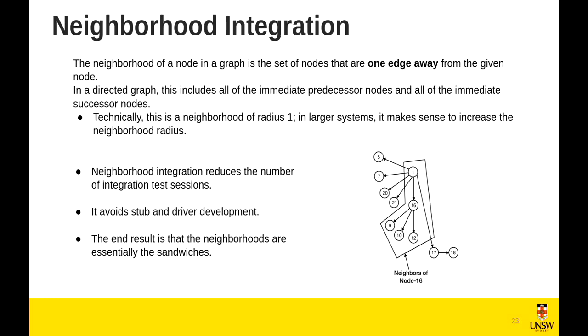This is also similar to the idea of writing drivers and stubs. For node 16 here, for example, node 1 could be considered as the driver for this node 16, and nodes 9, 10, and 12 could be considered as the stubs here. So it also echoes the concepts of stubs and drivers. But since we are using the actual implementation based on the call graph, we are avoiding the development of stubs and drivers.